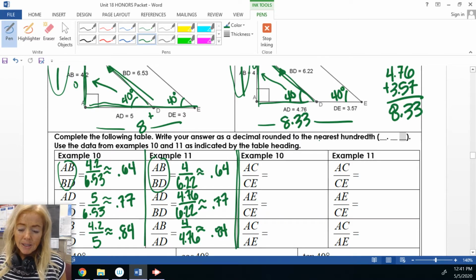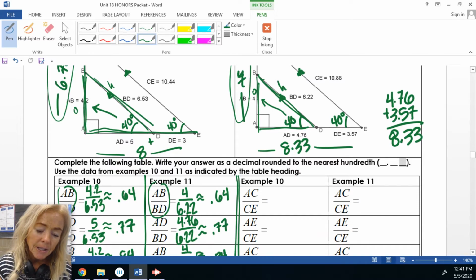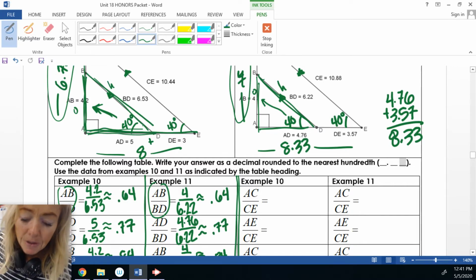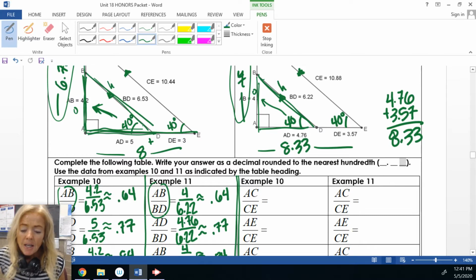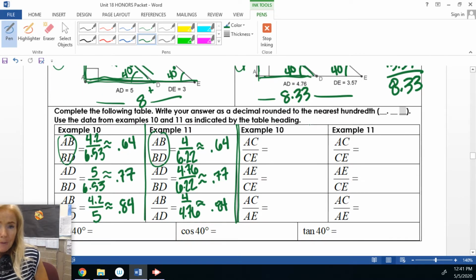And then the last one is AB, which is the side, divided by AD, which is the other side. So you have one leg, AB, which is a smaller leg or opposite the angle, and then the adjacent to the angle is 5. When you divide that, you get 0.84. And if you do it for the other triangle, opposite divided by adjacent, in example 11, you get, again, the same thing, 0.84.